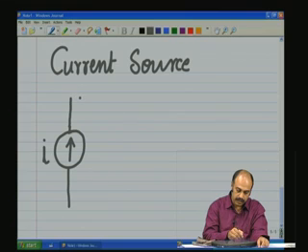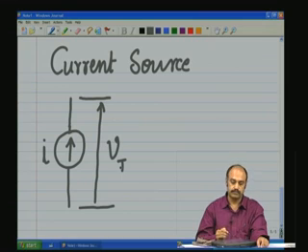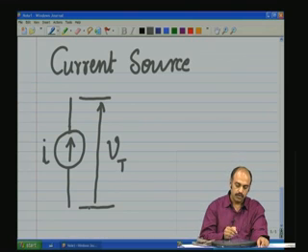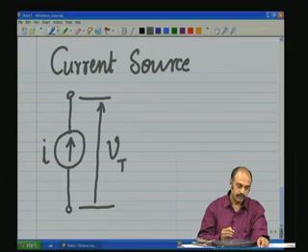Now this is the terminal, and the terminal voltage for the current source is determined by the external circuit. So this is one such representation of a current source.